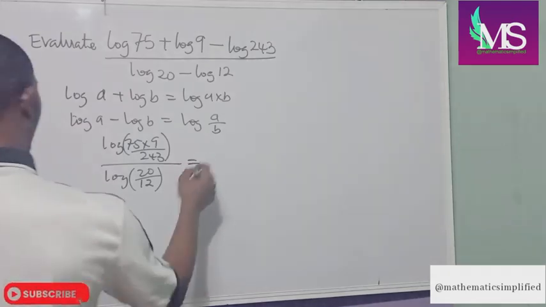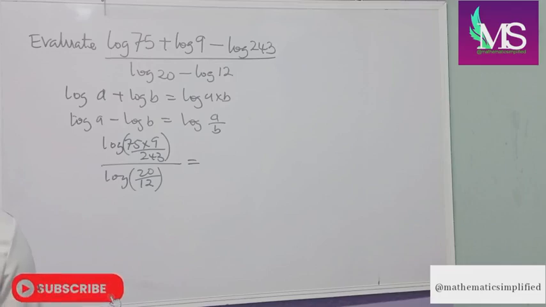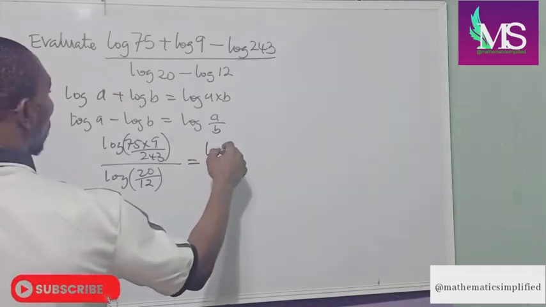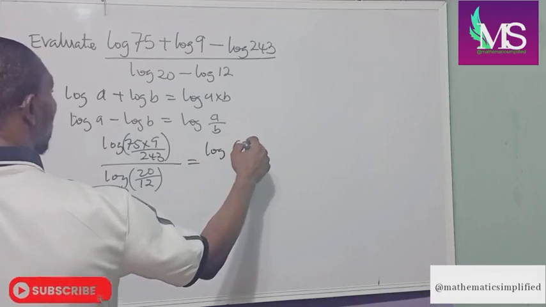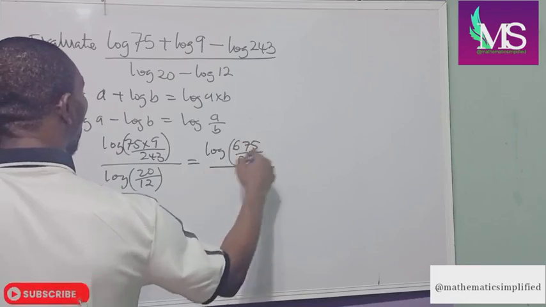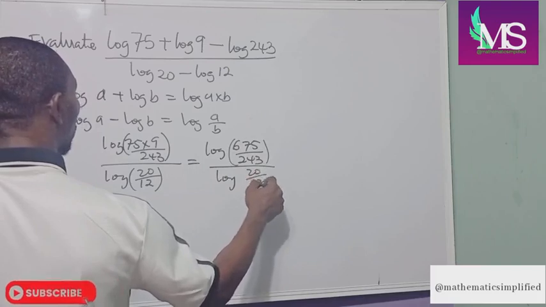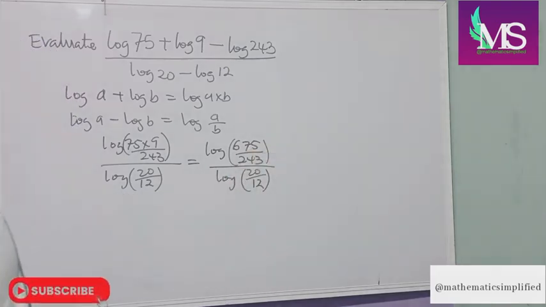Alright, now having this, we can divide: 75 times 9 would give us log 675 over 243, all over log 20 over 12. Now we can break this down.